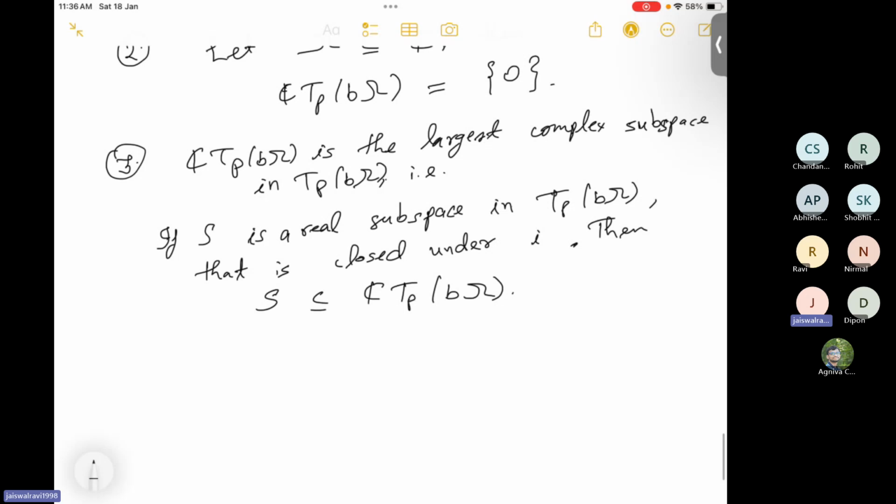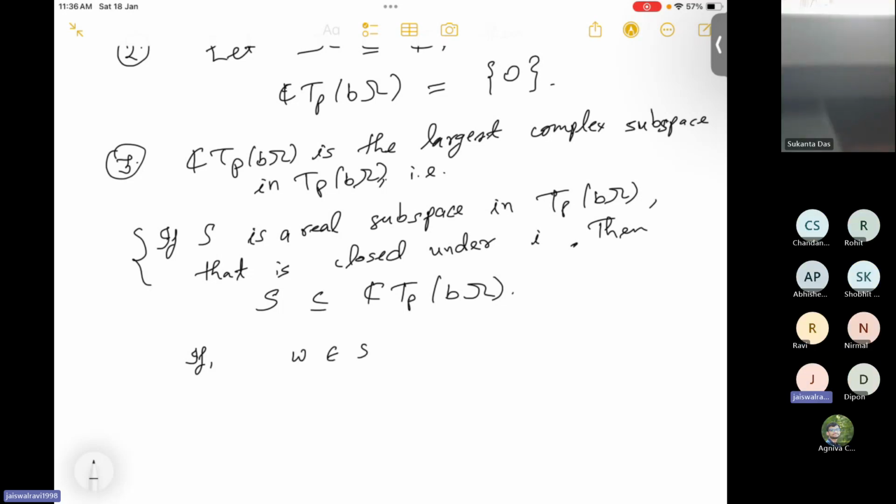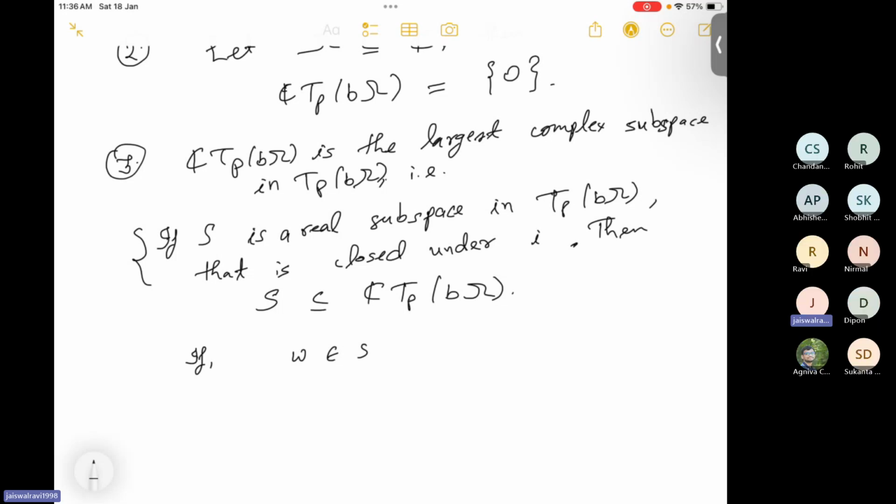Okay, so the quick proof is something like this. We have to prove that if S is of this kind, then S should be a subset of C T_P boundary omega. If W is in S, and S is a subset of T_P boundary omega, then we know from the previous calculation that real part of sum j from 1 to n del rho by del z_j at P, W_j equal to 0.